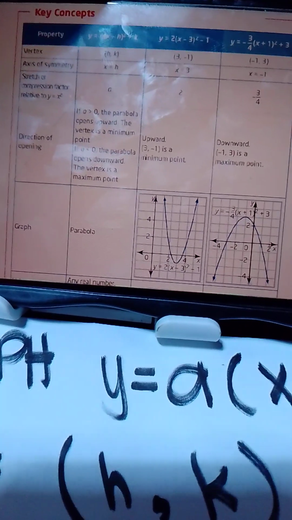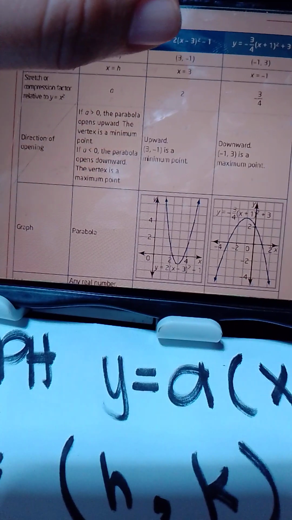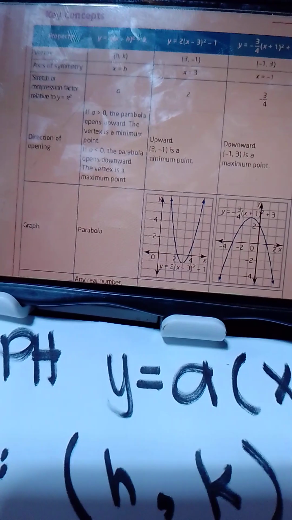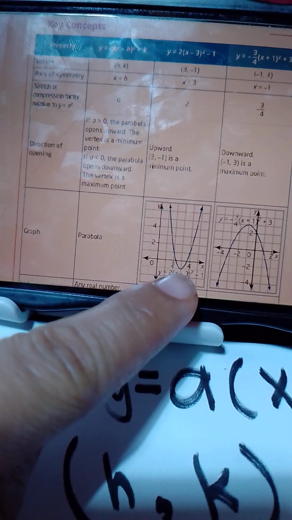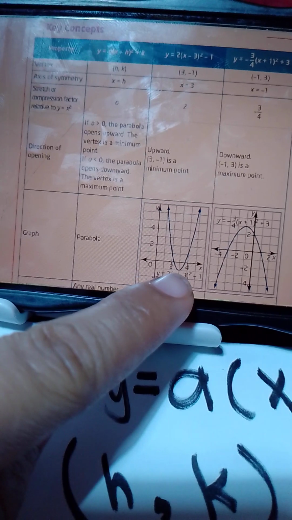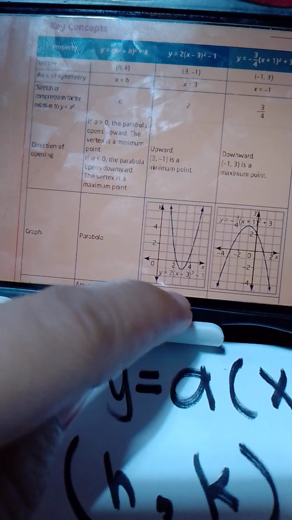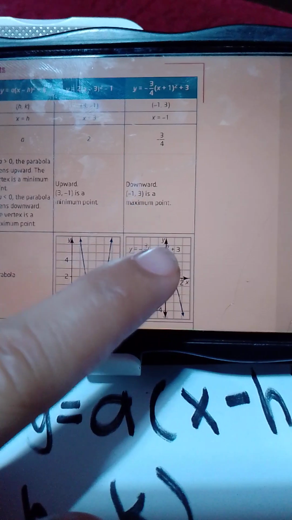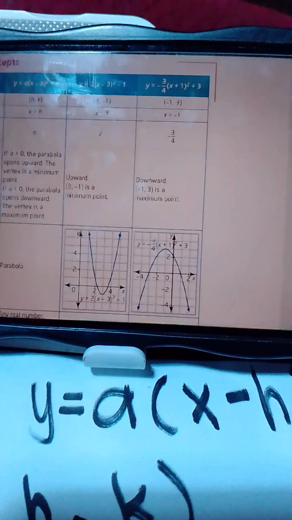And then it opens upward since our a, 2, is positive, and we also have the minimum point, because the minimum is the lowest point and the arrows are going upward. For the second example, the vertex is our maximum point, because it opens downward.